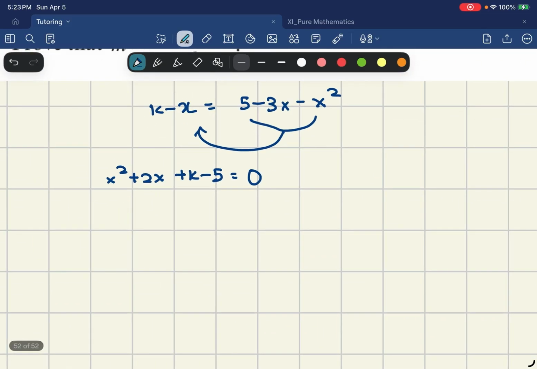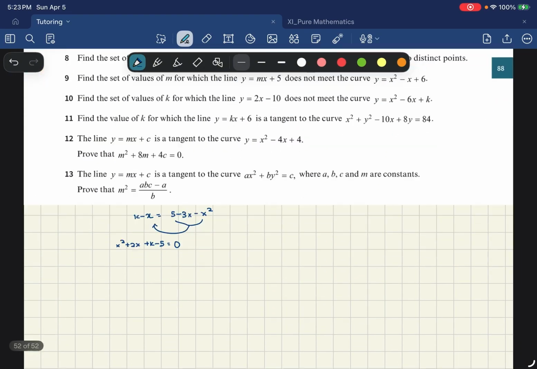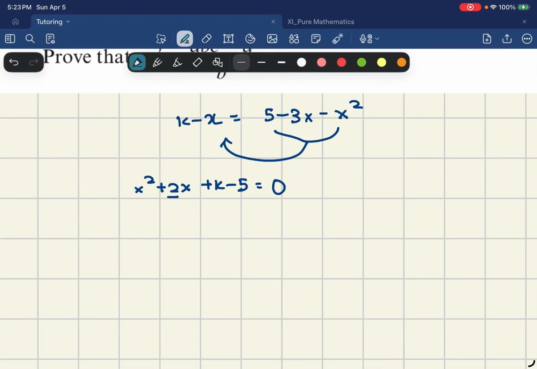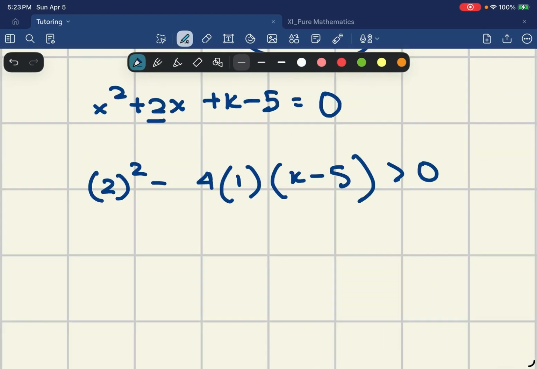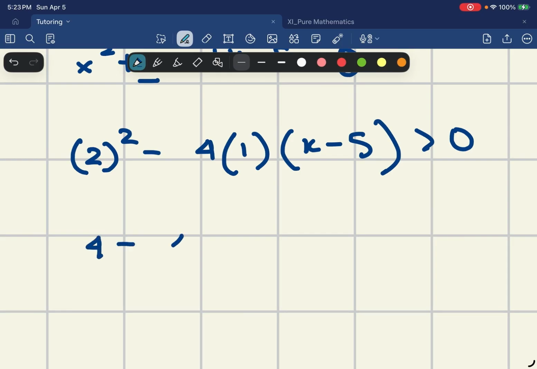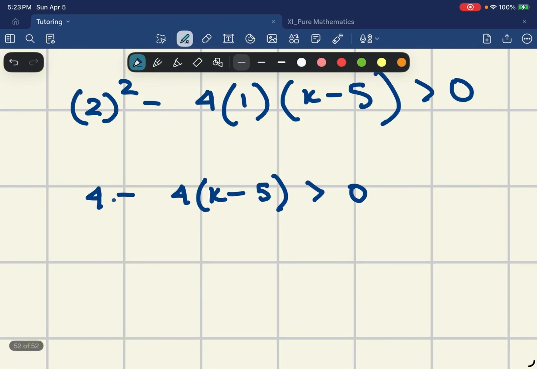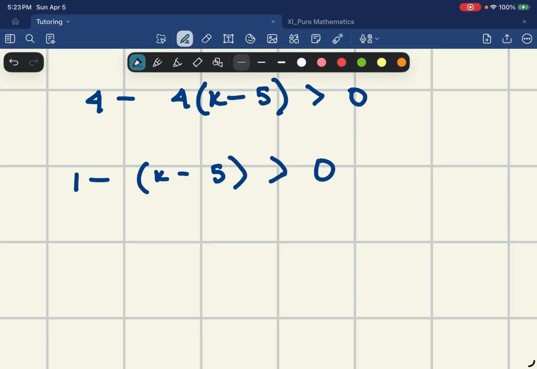And again, two distinct points of intersection means the discriminant of this equation, 2 squared minus 4, where a is 1 and c is k minus 5, must be bigger than 0. So 4 minus 4 times k minus 5 must be bigger than 0. And because 4 is positive, we can divide by 4 on both sides without the fear of having to change our inequality.